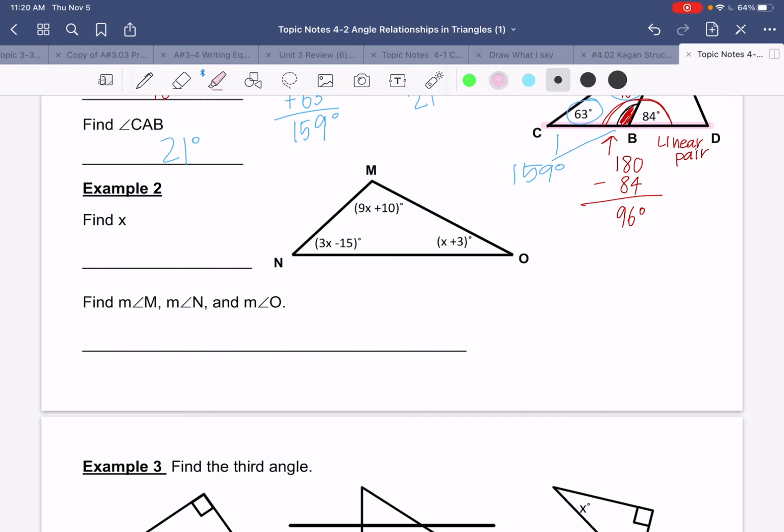I know because of the triangle sum theorem that angle N, angle O, and angle M added together equal 180. So that's exactly how I'm going to set it up: 9x plus 10 plus 3x minus 15 plus x plus 3 equals 180.